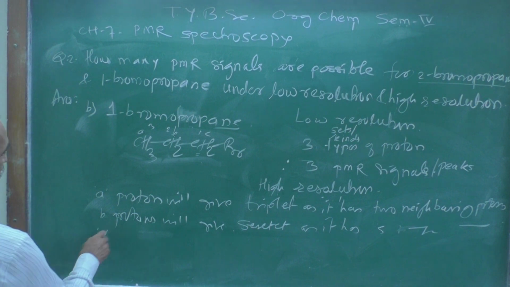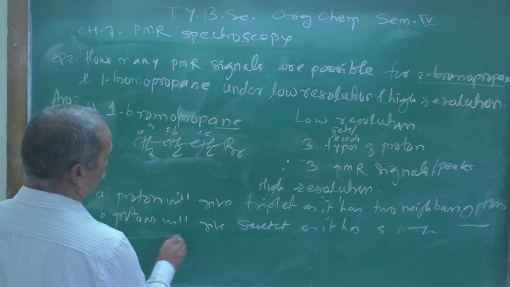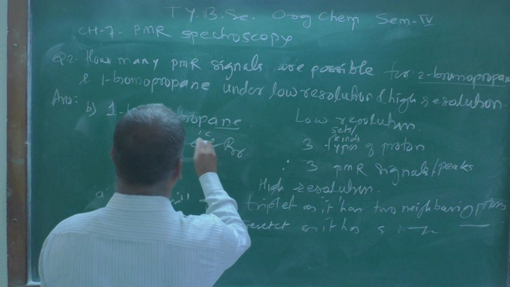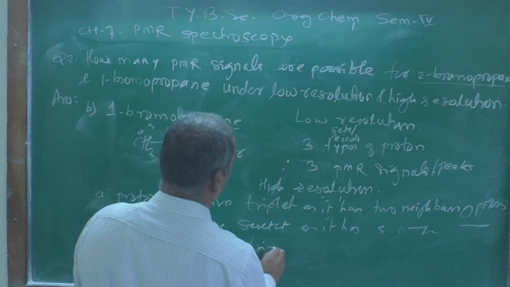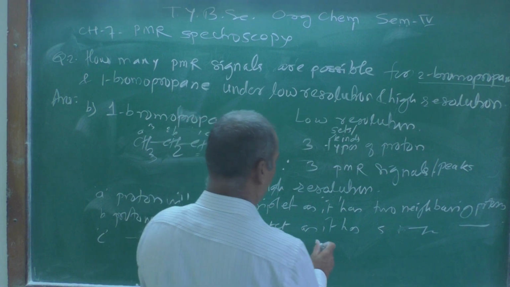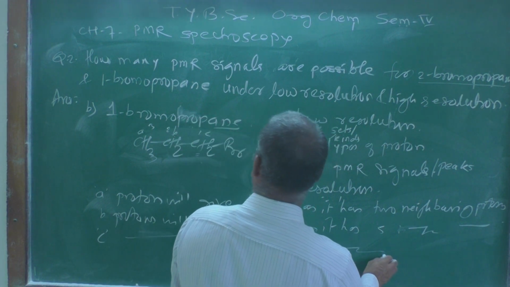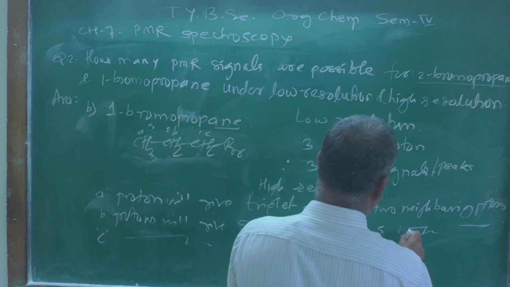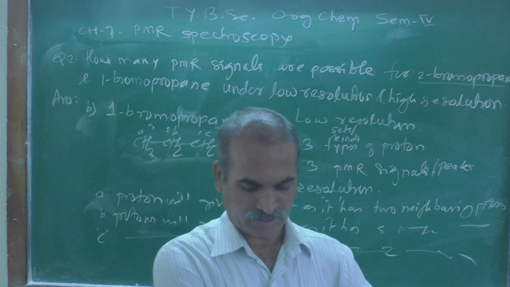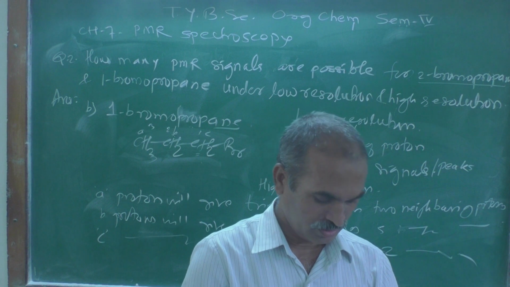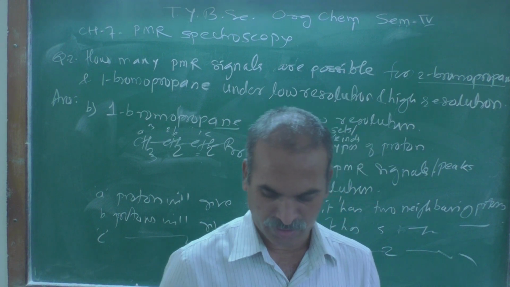And now the C protons, what will they give? A triplet once again, as they have 2 neighboring protons. So in this way we can solve the problem.